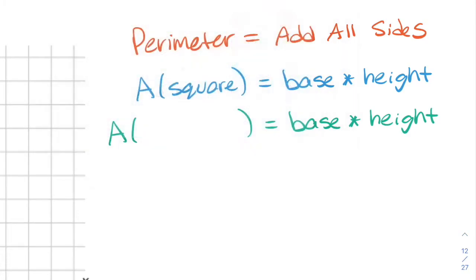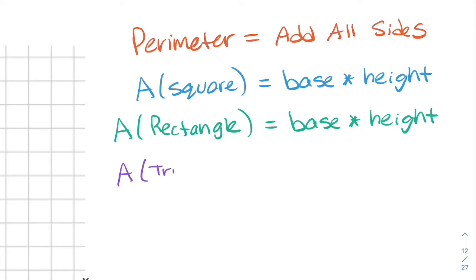Let's try that again. So the area of a rectangle is base times height. You also have the area of a triangle, which is 1/2 base times height.